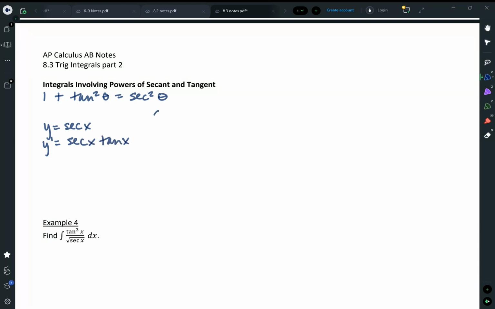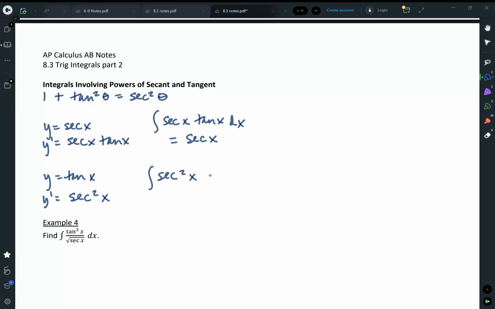So if I'm integrating secant x tangent x dx, I am going to get back secant x. And if y equals tangent x, then y prime equals secant squared x. So if I'm integrating secant squared x dx, it is going to equal tangent x.